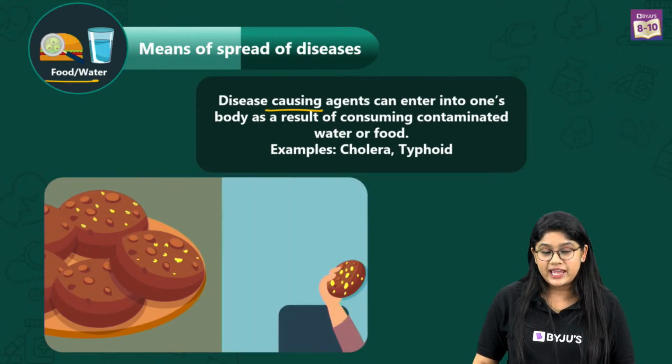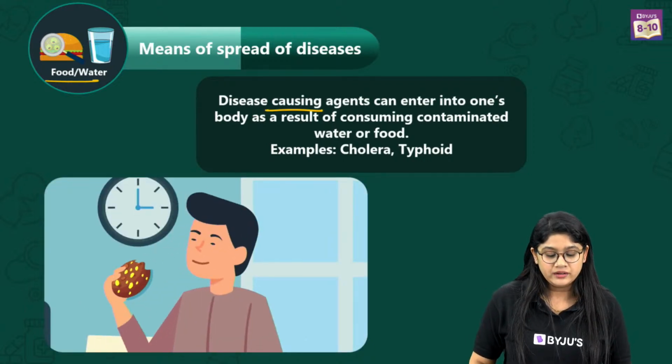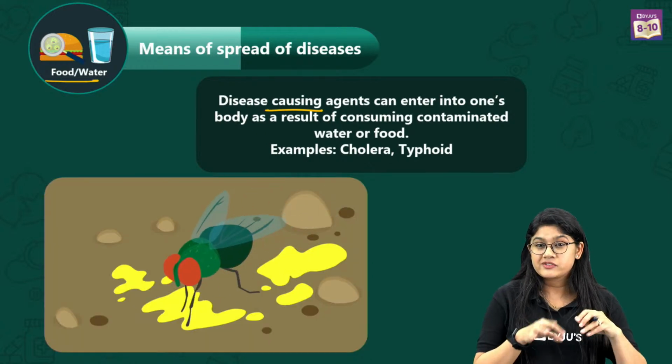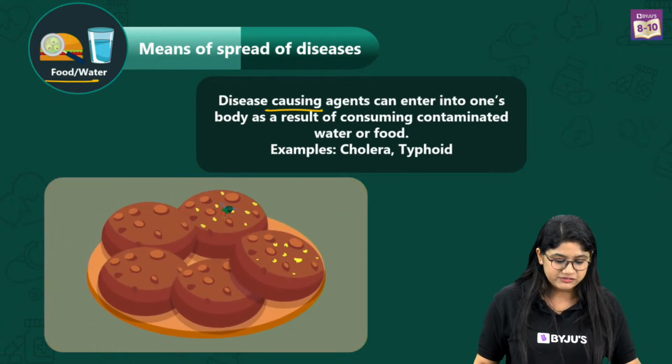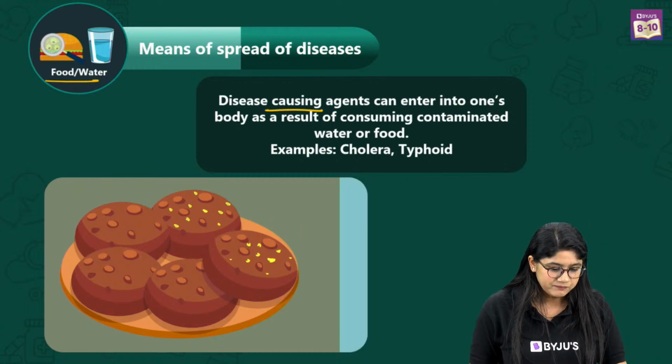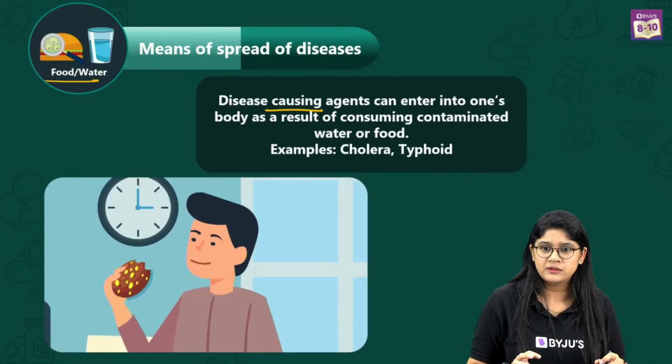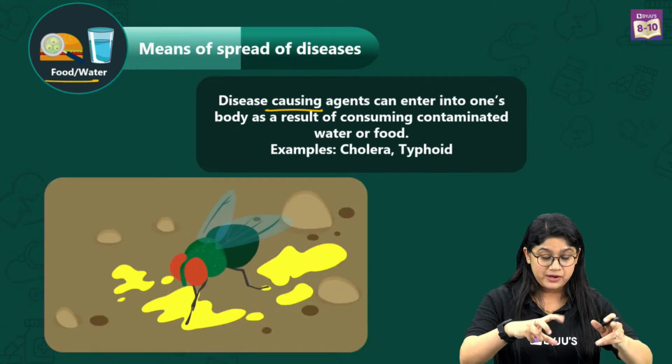Diseases that are caused by agents when they carry some of the pathogens in the food and the water. Over here we can see the fly. This fly may be coming from some dustbin which has lots of pathogens.